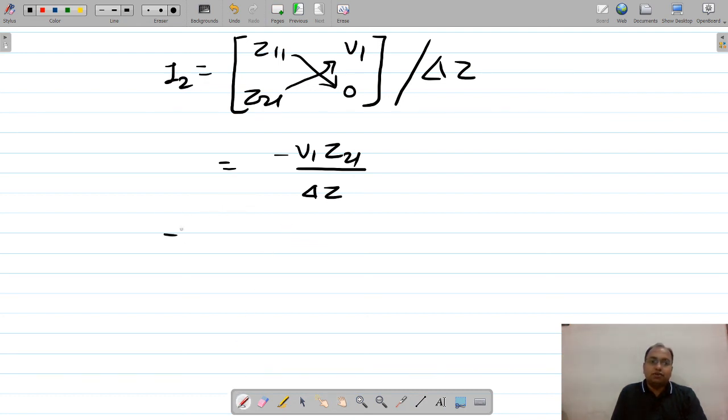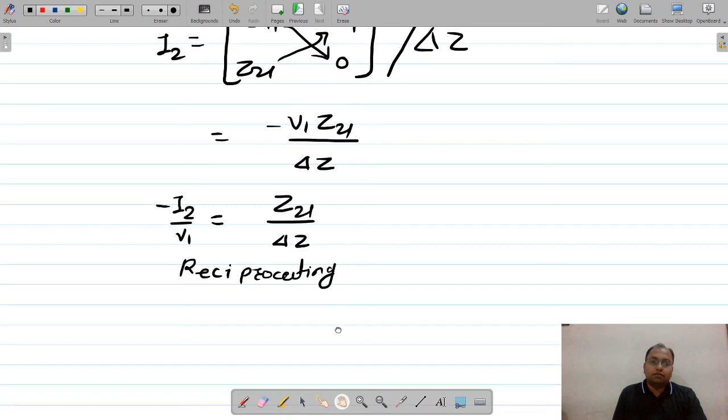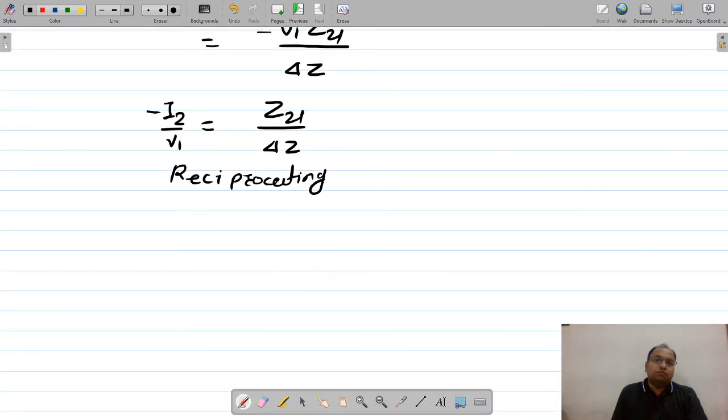So minus of I2 divided by V1 is equal to Z21 divided by delta Z, and now take the reciprocal. Therefore, minus V1 divided by I2 is the B equation, and that is coming as delta Z divided by Z21.